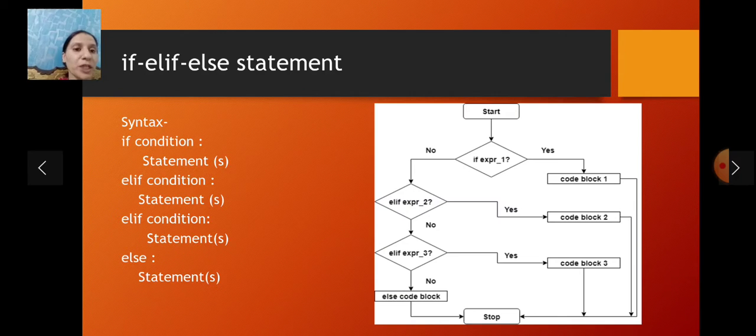Otherwise we move to the next condition. Then we check the next elif expression. If it is true, then we evaluate the block associated with this elif expression. If this elif expression is false, then we move to the else code block, evaluate the statements associated with the else code block, and then stop.